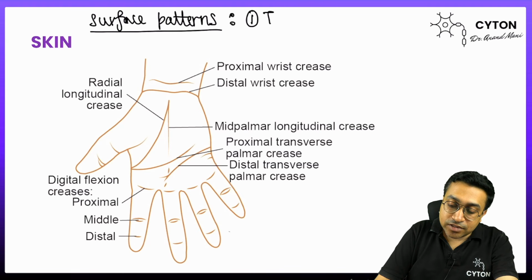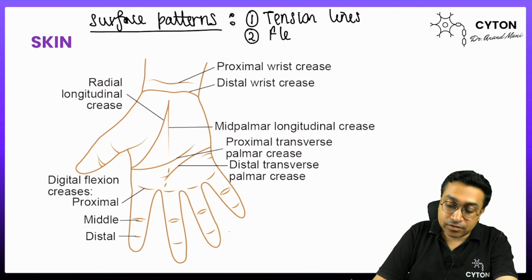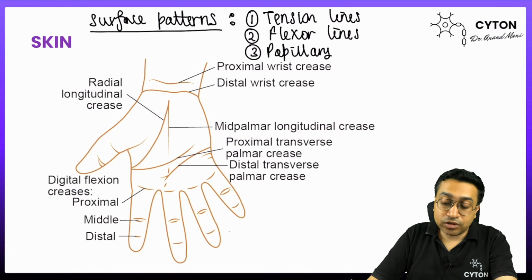Number 1, the tension lines. Number 2, the flexor lines. And number 3, the papillary or friction ridges.